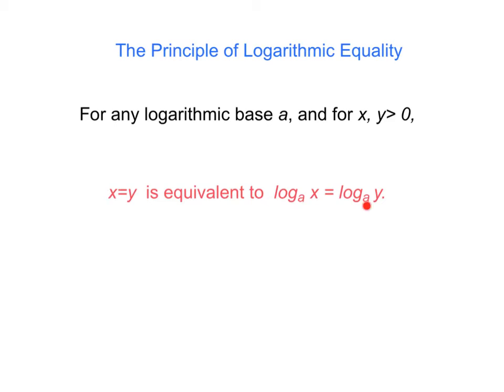Notice that the base has to be the same to do this, and also notice that it doesn't specify what the base is. You can use any base that you want. You're going to want to use either the common logarithm, log base 10, or the natural log, because those are ones that can easily be computed using any calculator.